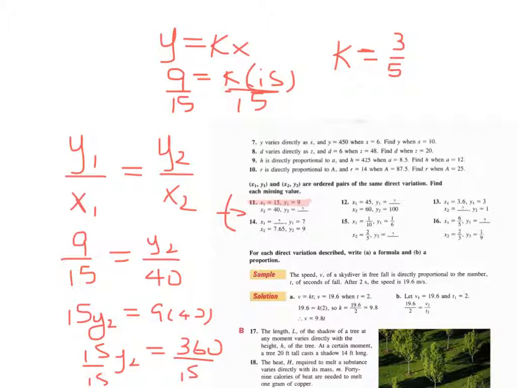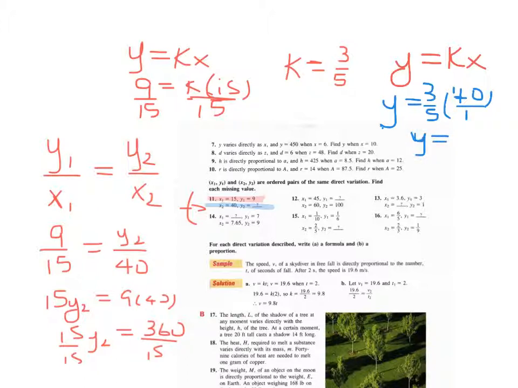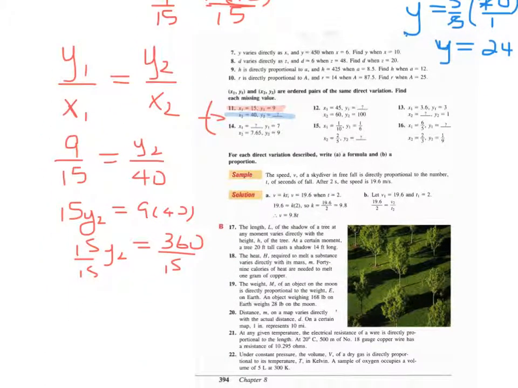Once you find the k, you do the equation again, but this time use this information. This time I'm trying to find the y. I know the k I just found is 3/5, and this time the x I want to use is 40. Then I'd multiply this. I could simplify diagonally, and my answer is 24. If I divide this over here, this is also going to give me 24.